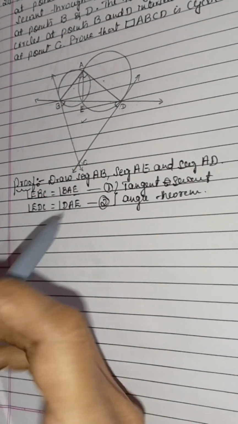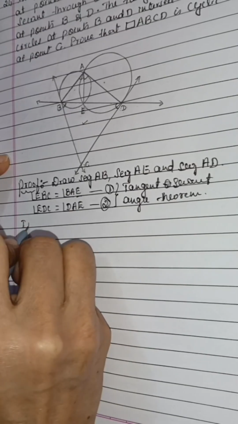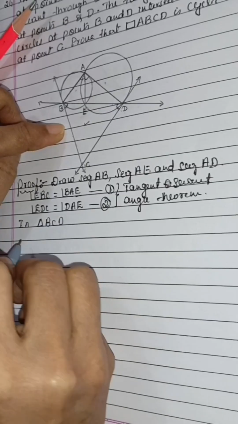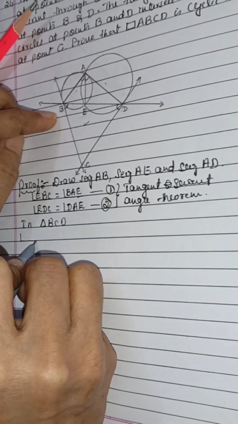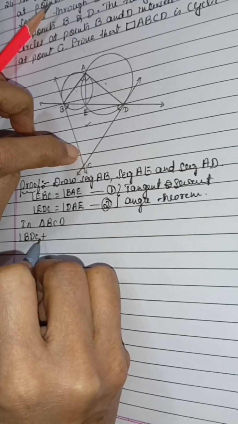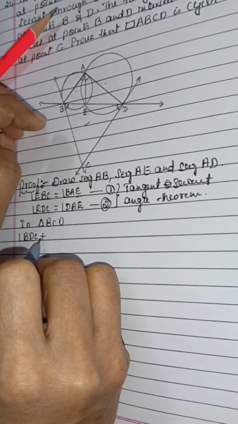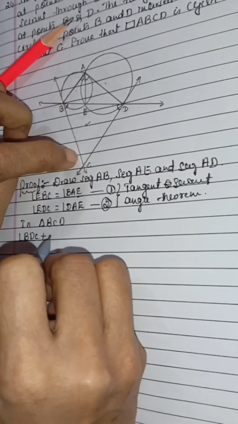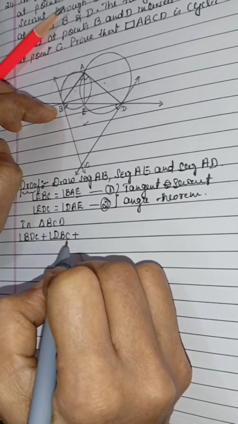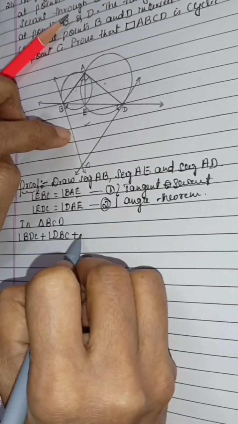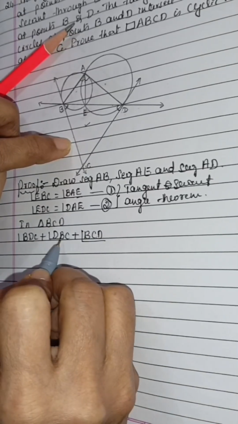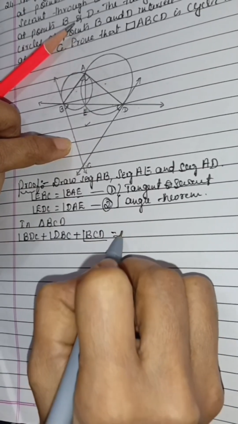For that, first we'll write in triangle BCD: angle BDC plus angle DBC plus angle BCD is 180 degrees. See, the middle alphabet denotes the angle.